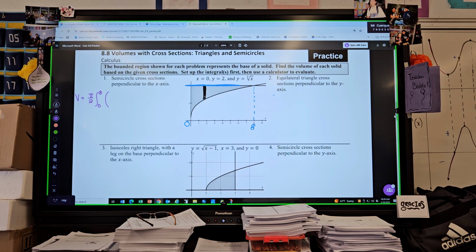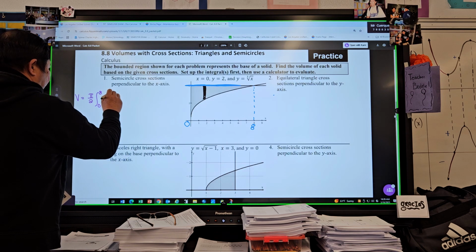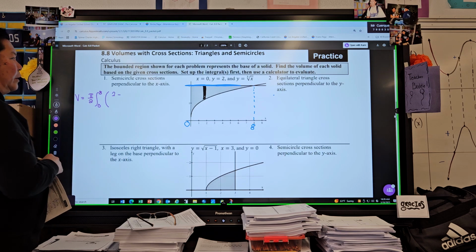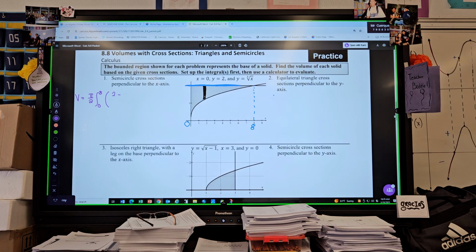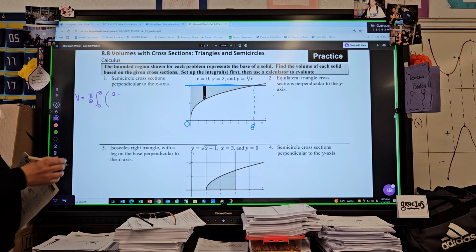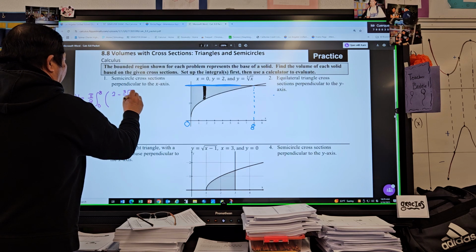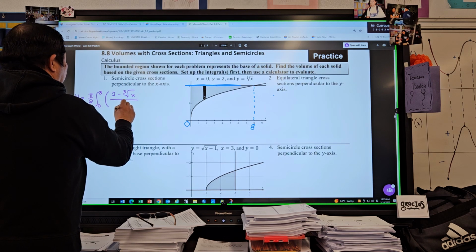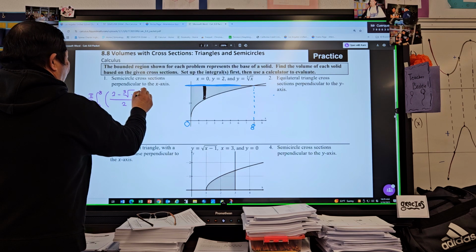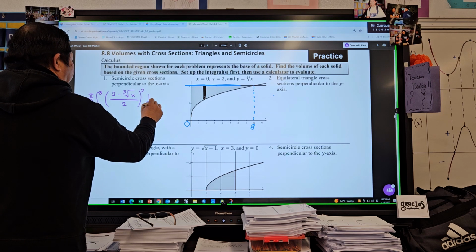The upper curve is 2. So 2 minus, what is the lower curve? The cube root of x, so the cube root of x over 2, and then square, and then dx.